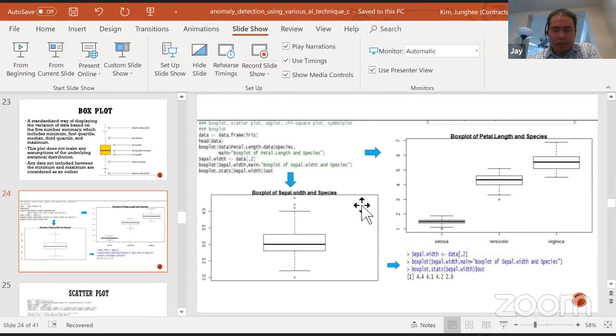Yeah, so this is another example. This plot is only one variable, but here you can see several variables, several features. We can detect the outliers in each feature, and then verify whether those are anomalies or not.